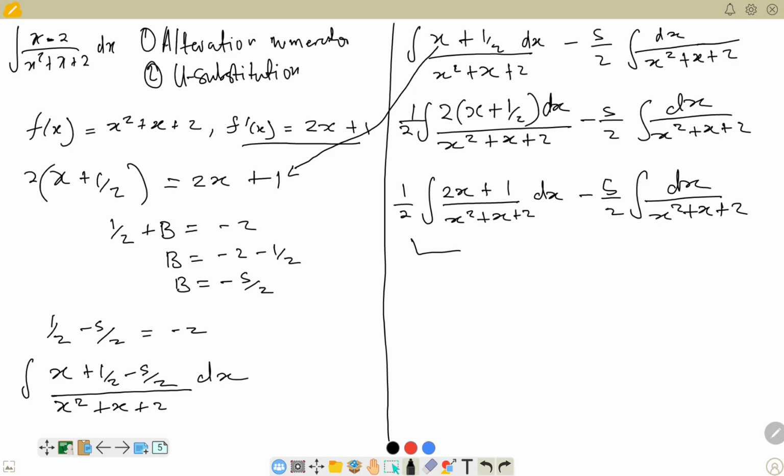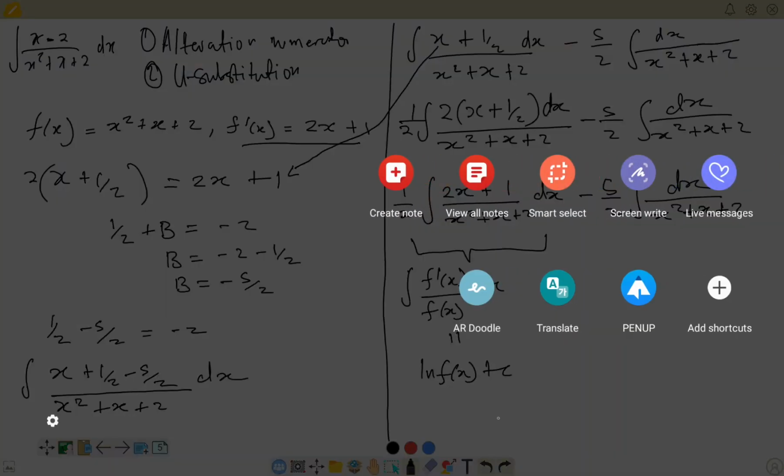Then here I can see that I can integrate this by this formula: f prime of x over f of x dx gives ln of f of x plus c. Let's remove this.